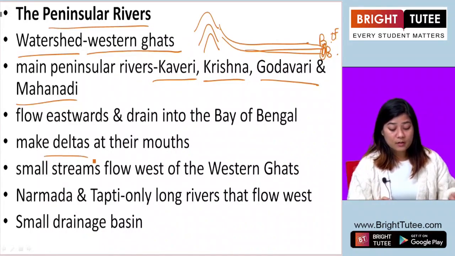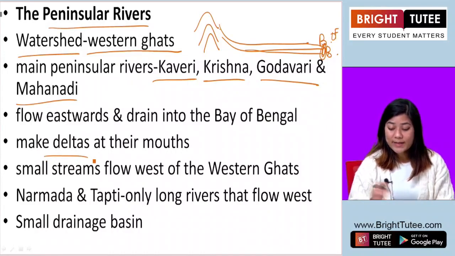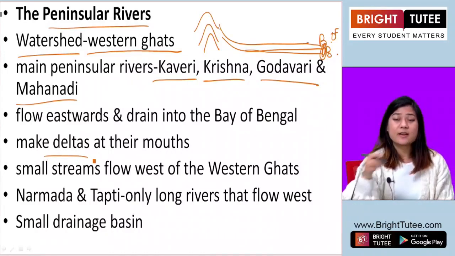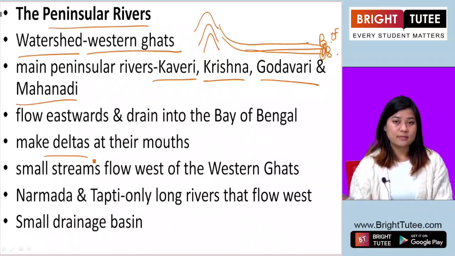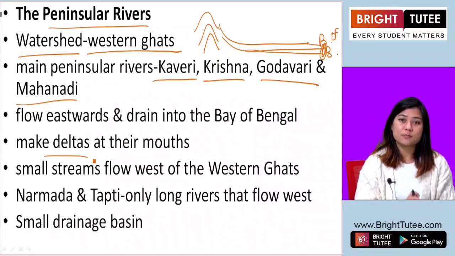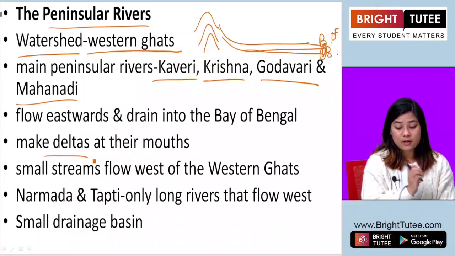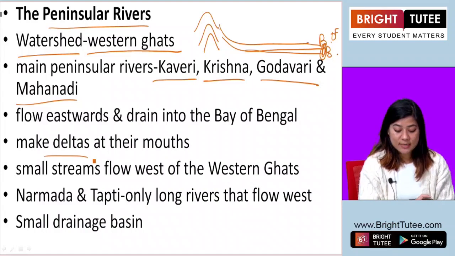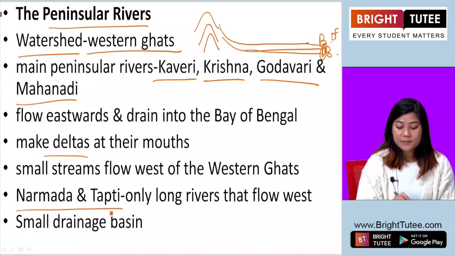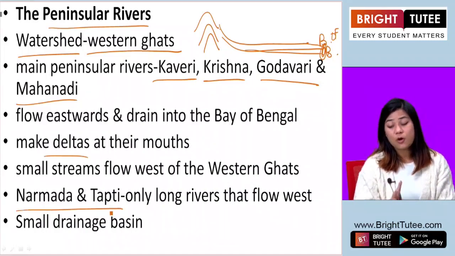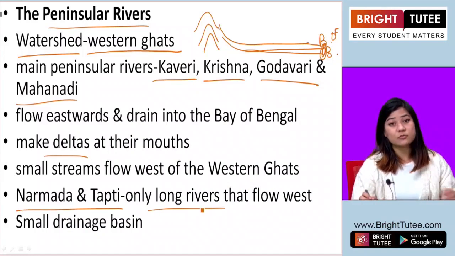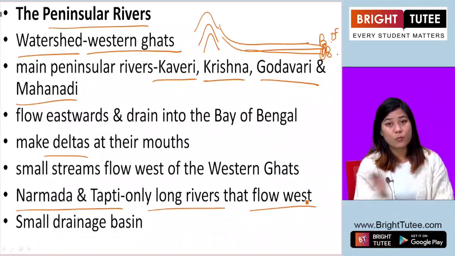Okay? Small streams flow west of the Western Ghats. So it doesn't mean that all the rivers flow eastward. There are small streams and small rivers and others as well which flow on the western side of the Western Ghats. Tapti and Narmada are the two long rivers, the only two long rivers which flow west.